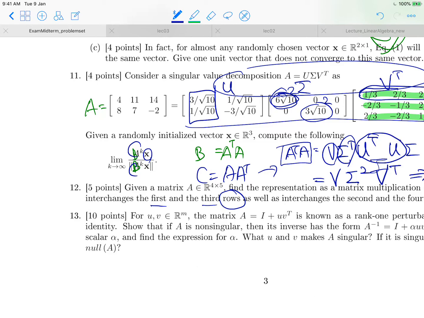So as we discussed earlier in today's lecture, doing something in a row-wise manner typically involves matrix multiplication on the left, right? And then doing some column-wise stuff, we multiply on the right.